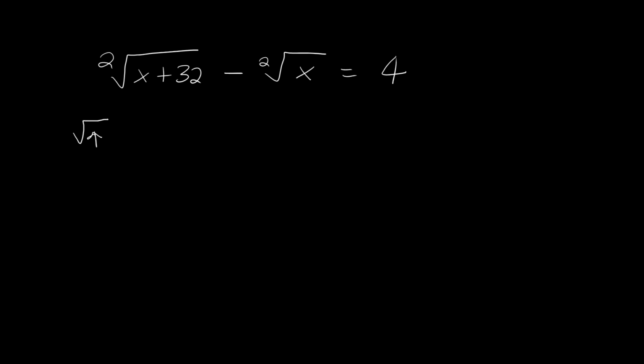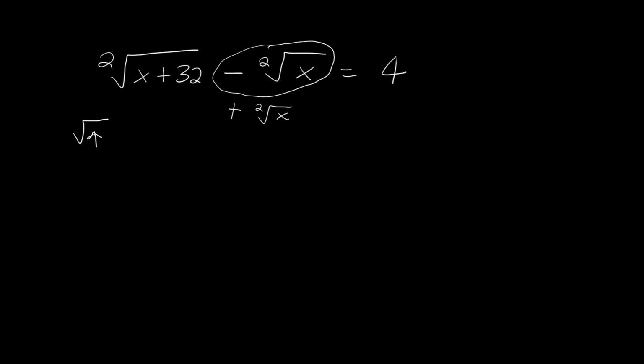So let's do the opposite of subtraction, because this minus sign is with this square root of x over here. The opposite of subtraction is addition, so we add square root of x.